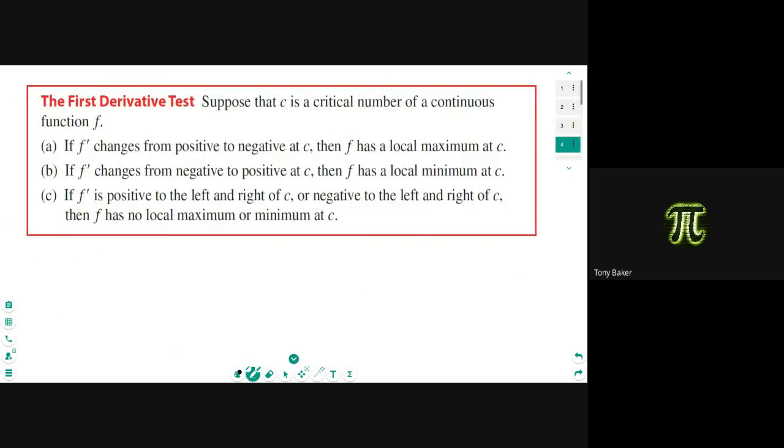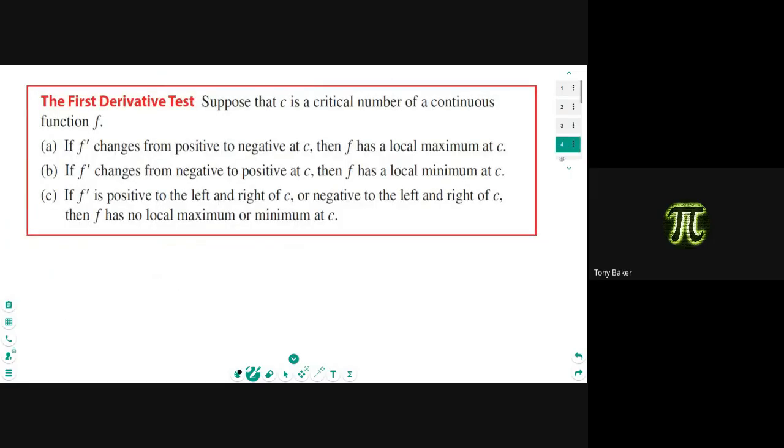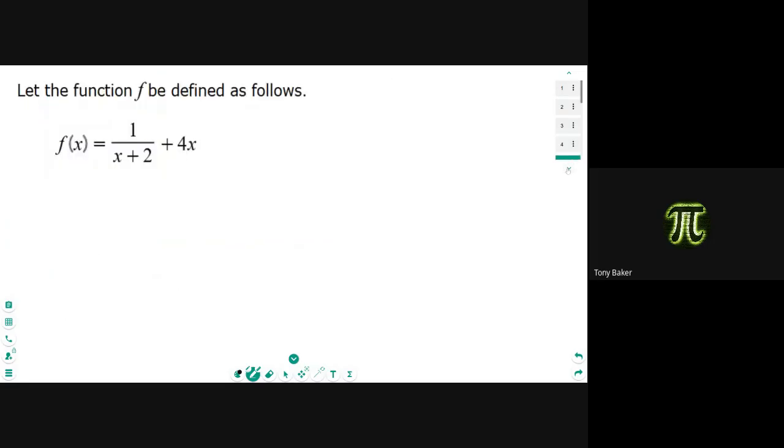All right, so we've got these. The next thing that you can be asked for this is, where'd my problem go?